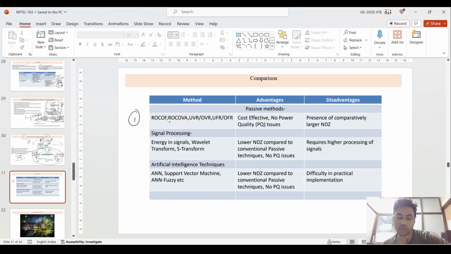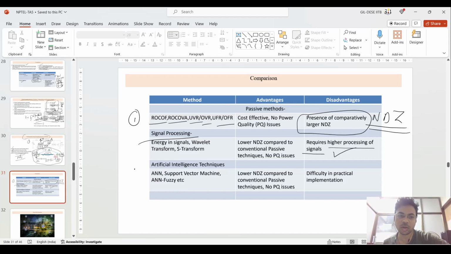So summarizing all the detection techniques, the first part is passive islanding detection, that is under voltage relay, over voltage relay, under frequency, over frequency. There is a larger NDZ problem in the passive detection technique, which is avoided by the signal processing based technique, but the processing power required is higher in this signal based system.